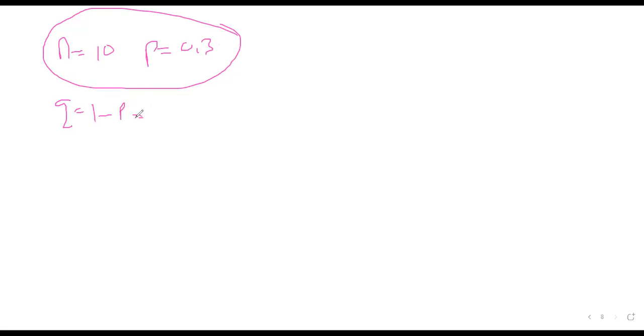So if our p is 0.3, our q should be 1 minus 0.3, which is 0.7. Okay. So who remembers how to find the mean? The mean is np. Our n is 10, our p is 0.3. So our mean will be 10 times 0.3, which is 3.